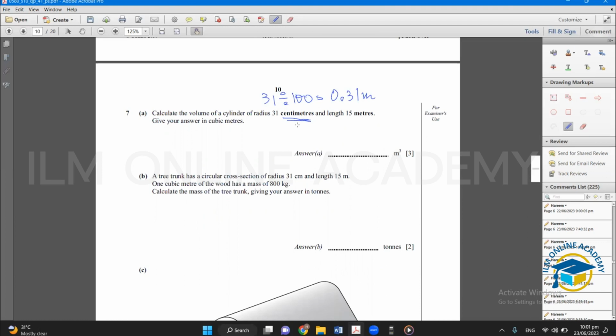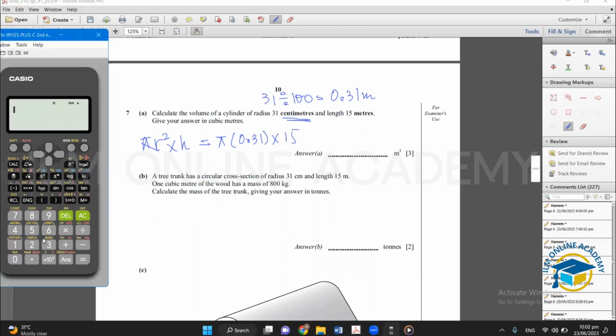Now you have to calculate the volume of the cylinder. Its formula is pi r squared multiplied by height. Okay, so simpler the better. Pi multiplied by 0.31 squared multiplied by 15.